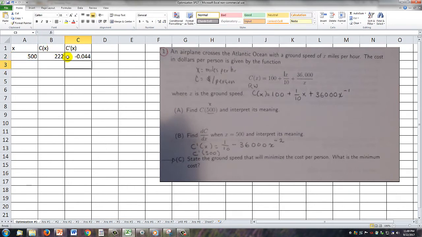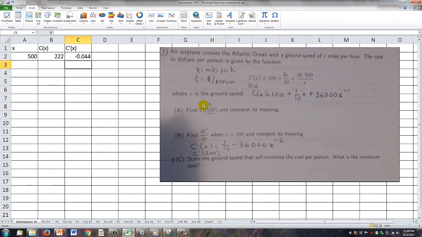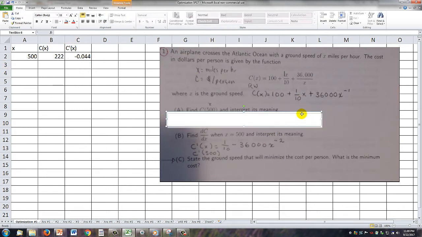Okay, so we can now answer question A, find C of 500 and interpret its meaning. So 500 we said was miles per hour, and if we know the miles per hour, we'll know the cost per person.